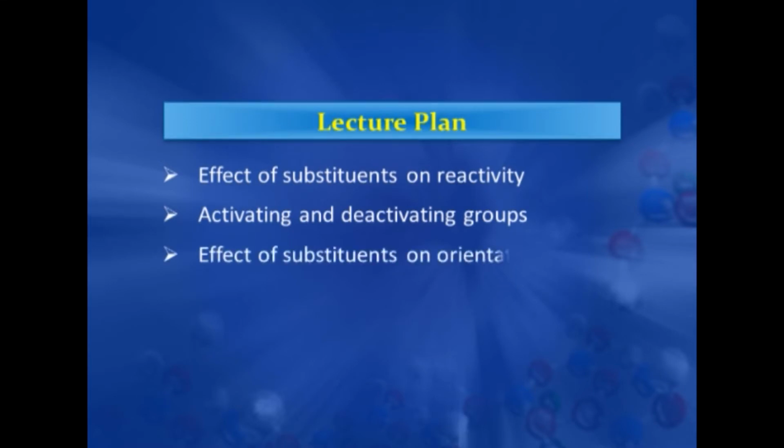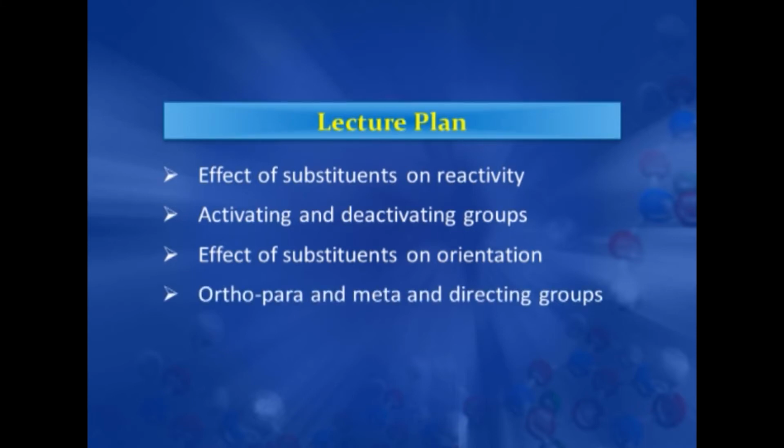these substituents on orientation, that means on which position the attack of the incoming group will take place, and that is known as orientation, and that can take place on the ortho, para or meta position. And we will see which groups are responsible for ortho para attack and which groups are responsible for meta attack.